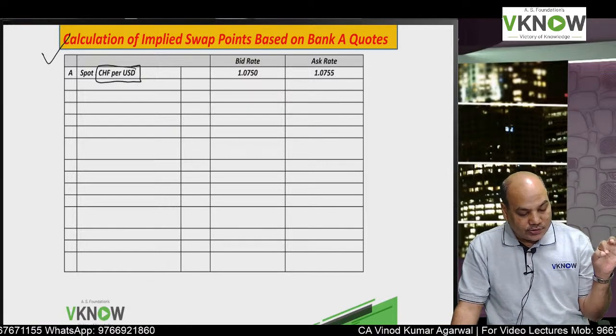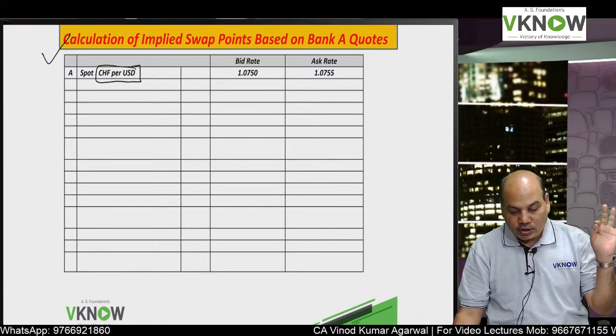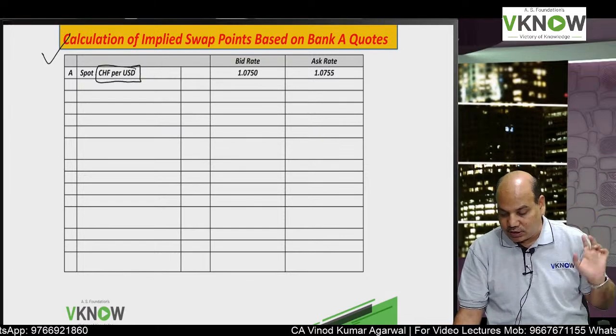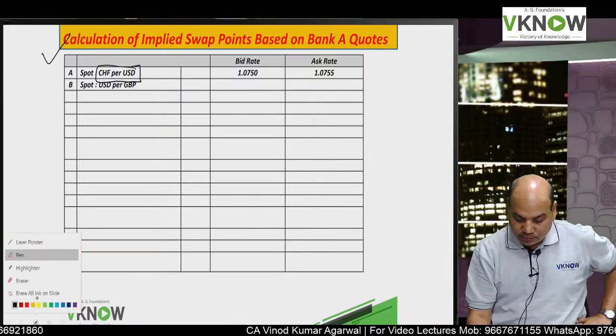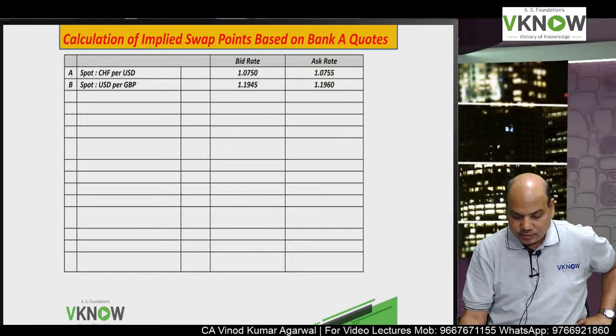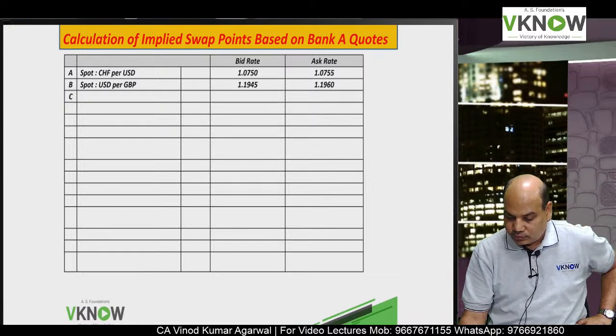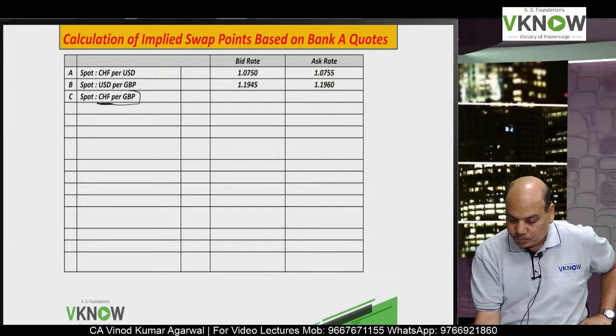It is actually CHF per USD, because USD is more expensive than CHF, but your institute has written it in reverse. Can't help it. USD per GBP spot rate 1.1945, 1.1960. So I now have to calculate CHF per GBP.